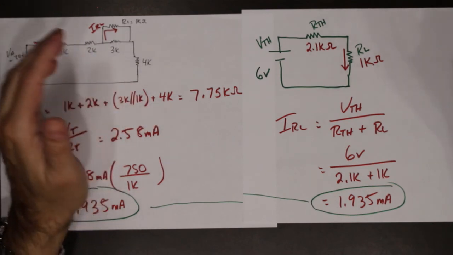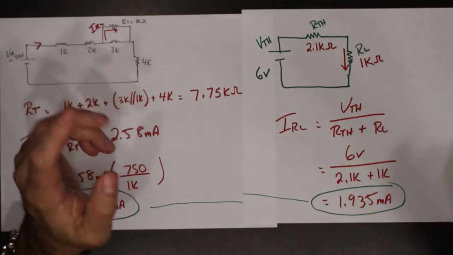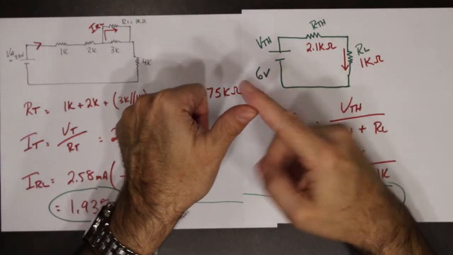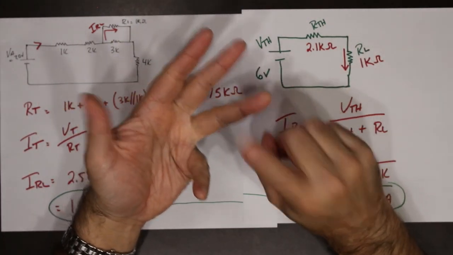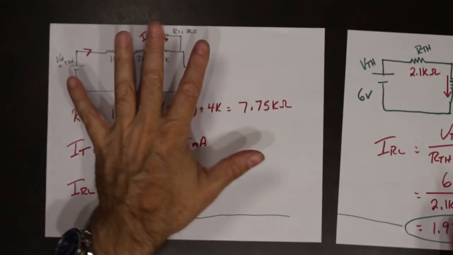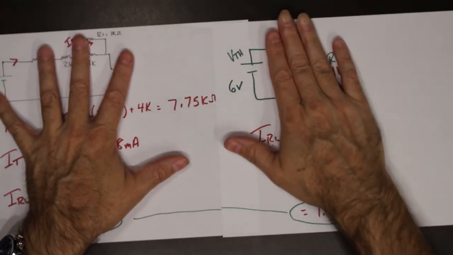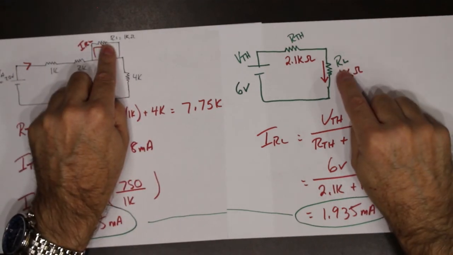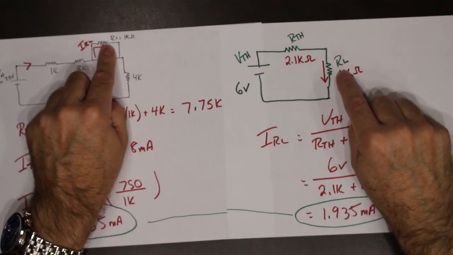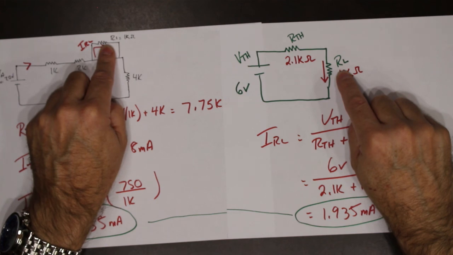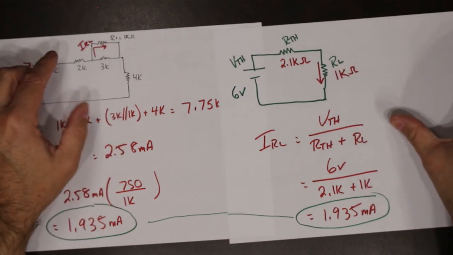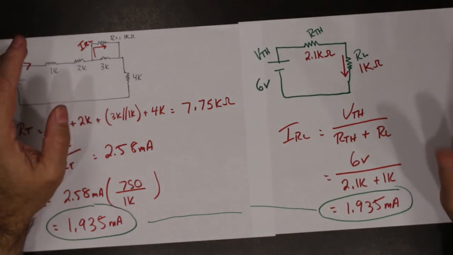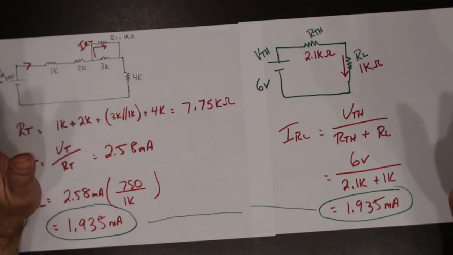Voltage is the same, current is the same, resistance is the same, the powers must be the same. So all of our elements, voltage, current, resistance, and power, are identical in this circuit as they are in this circuit when you are focusing on one resistor. And we just called that one RL. So that is Ohm's law. That is Thevenin's equivalent circuit.